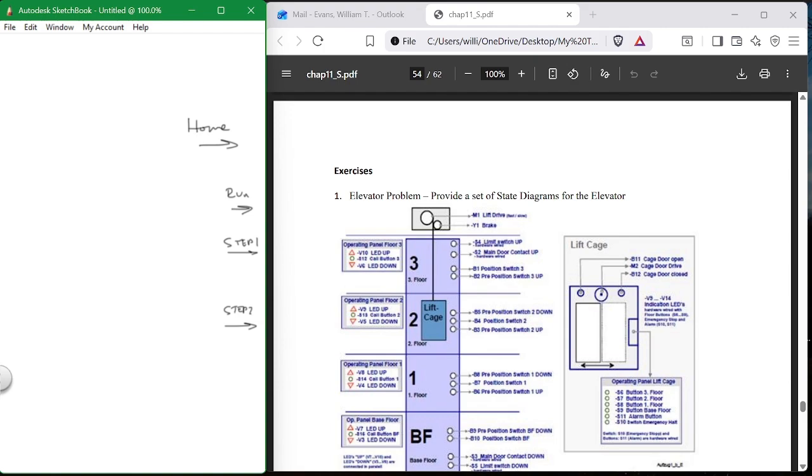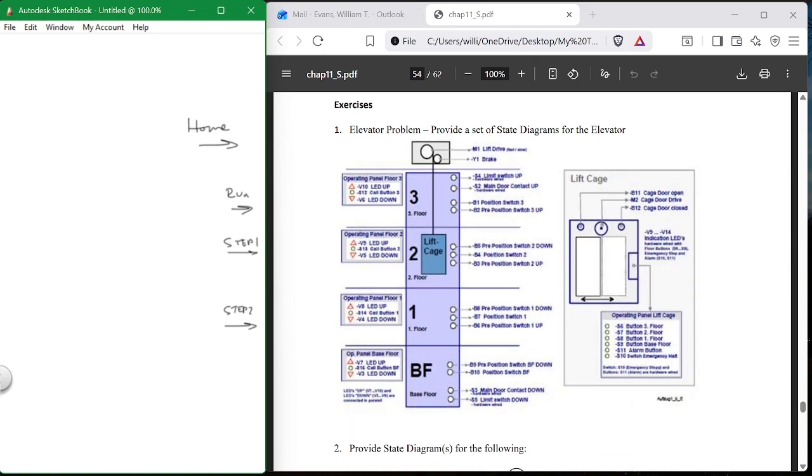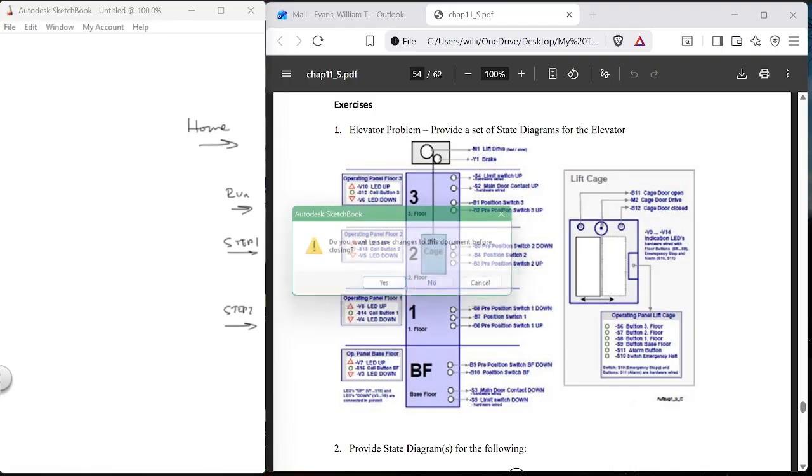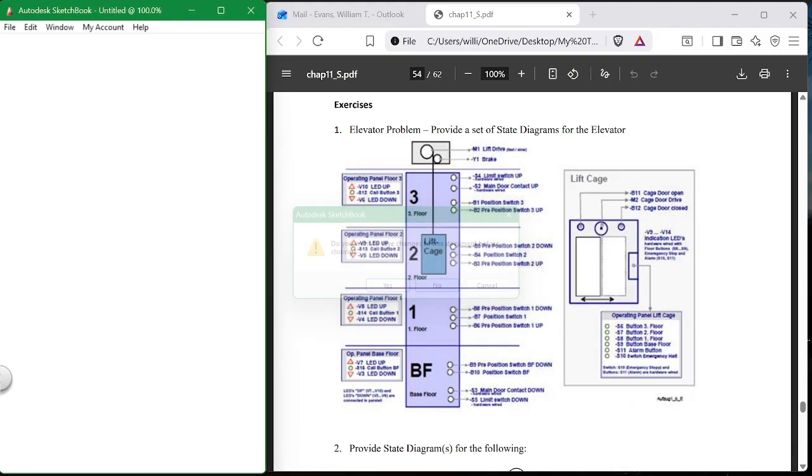And here are some of the state diagrams. This one is of an elevator, and I actually worked on this one when I was in Germany a little bit. I didn't do the whole thing, but I did part of it. What would you say would be the overriding state diagram for this? I know it's kind of hard to grasp this. But what would be the whole overriding state diagram for this?